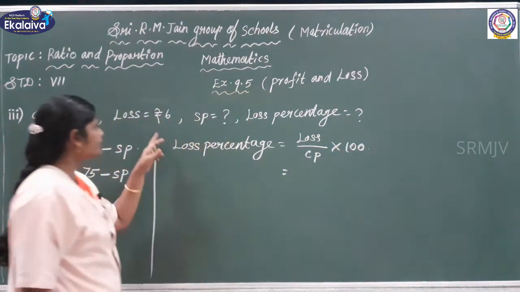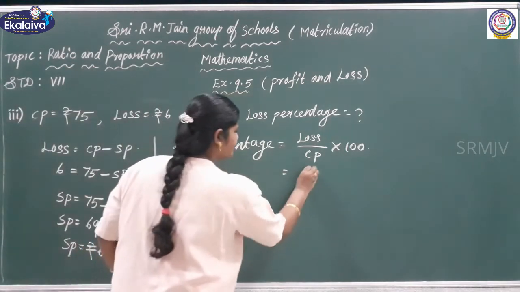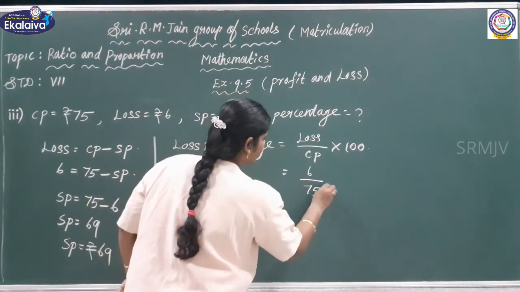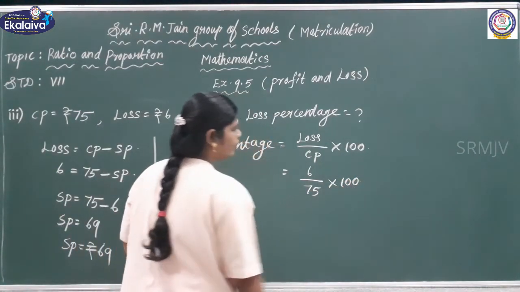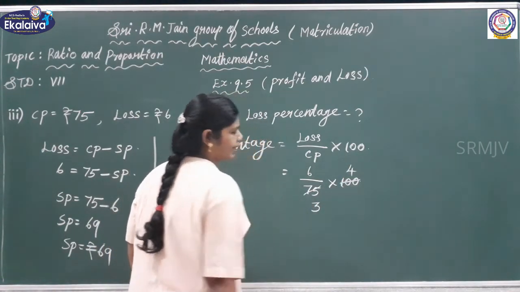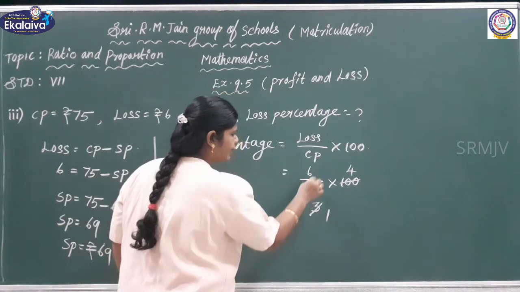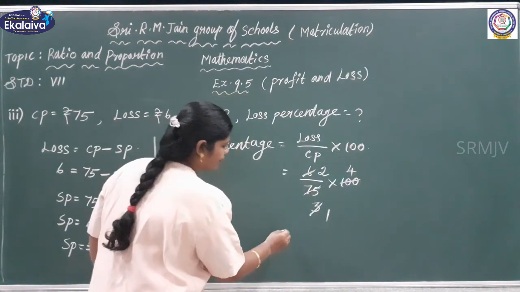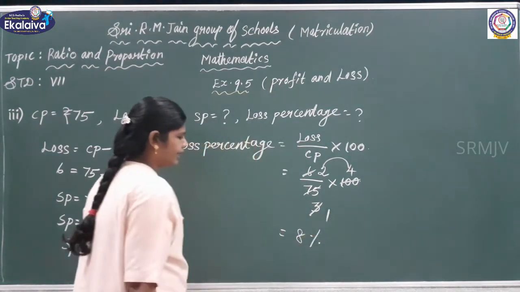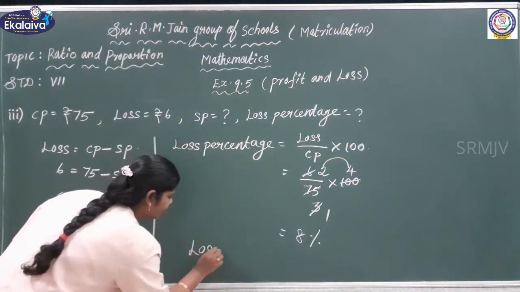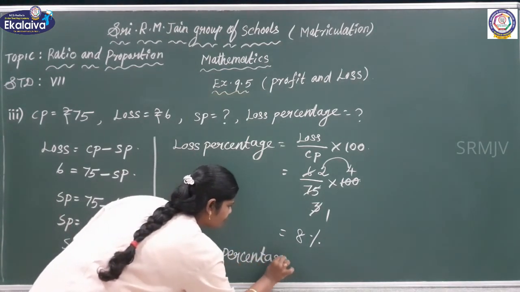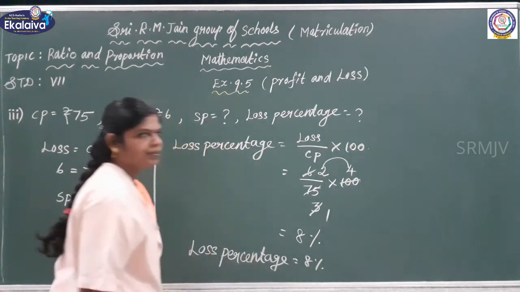Here loss is 6 rupees, 6 by cost price 75, into 100. 25 3s are 75, 25 4s are 100. 3 1s are 3, 3 2s are 6. Now multiply the numerator: 2 4s are 8. So 8 percentage. So loss percentage equals 8 percentage. Is it clear, children?